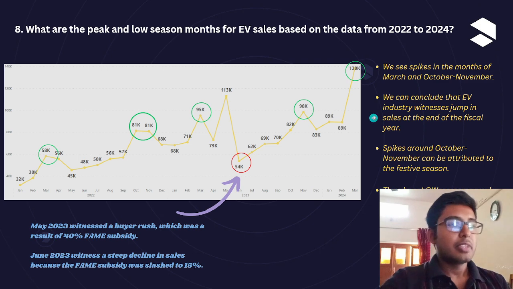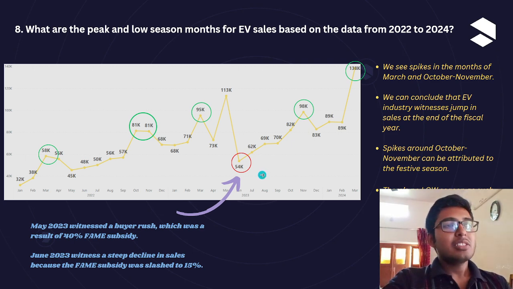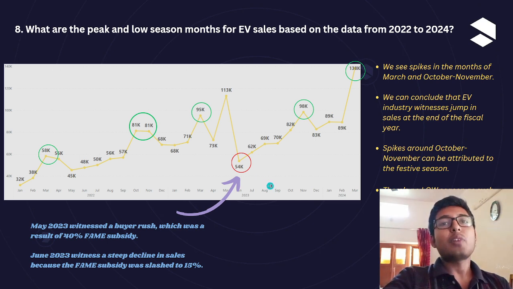But yes, during May 2023 there was a jump in sales with record sales of 113k, and then in June there was a sudden decline of 54k. Let me explain what actually happened. During May 2023 there was the FAME subsidy, which gave a 40% subsidy on the EV price.